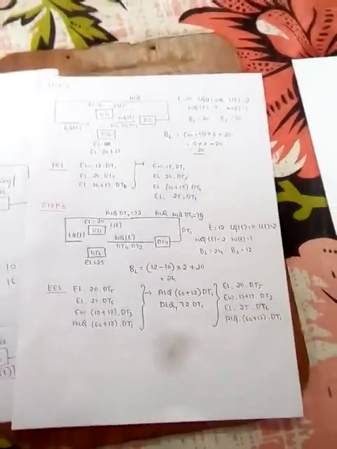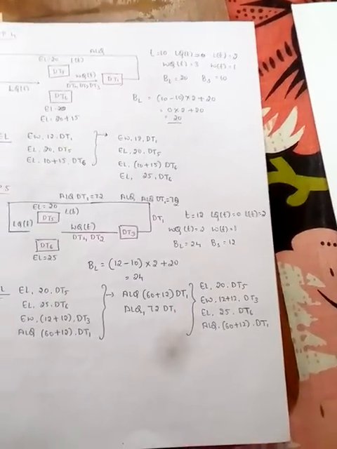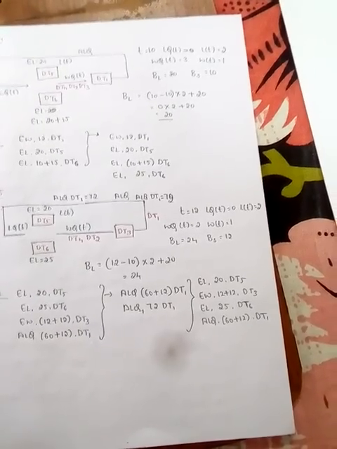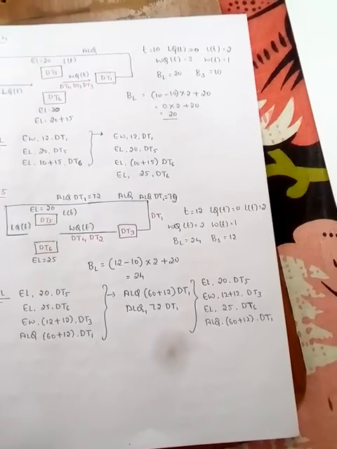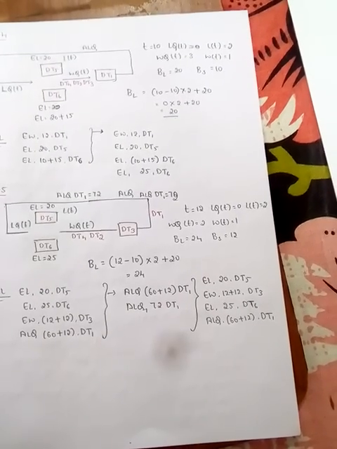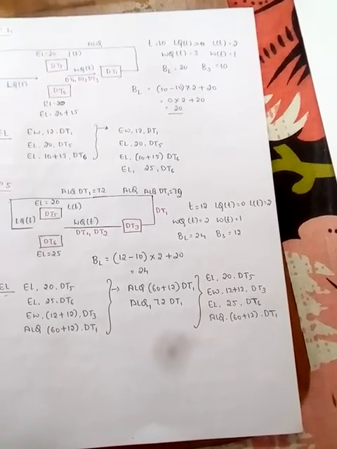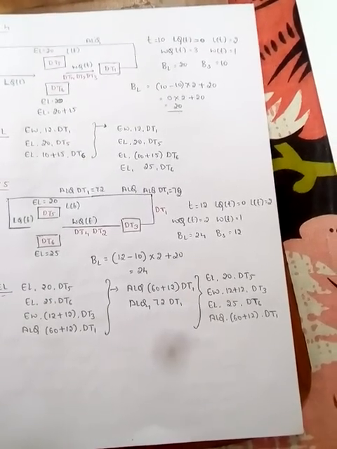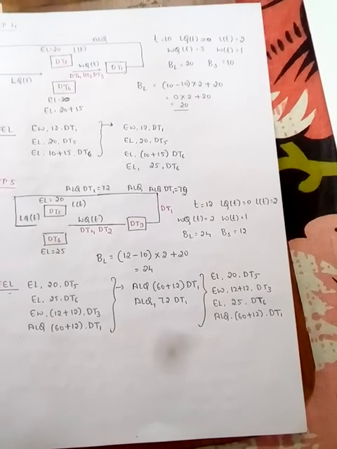Now we will write the future event list in order from minimum to maximum value. The first minimum value is 20, that is the value of my truck DT5: EL, 20, DT5. Then EW, 12 plus 12, DT3. The 12 plus 12 is the previous time plus present time of truck DT3. Next is EL, 25, DT6.